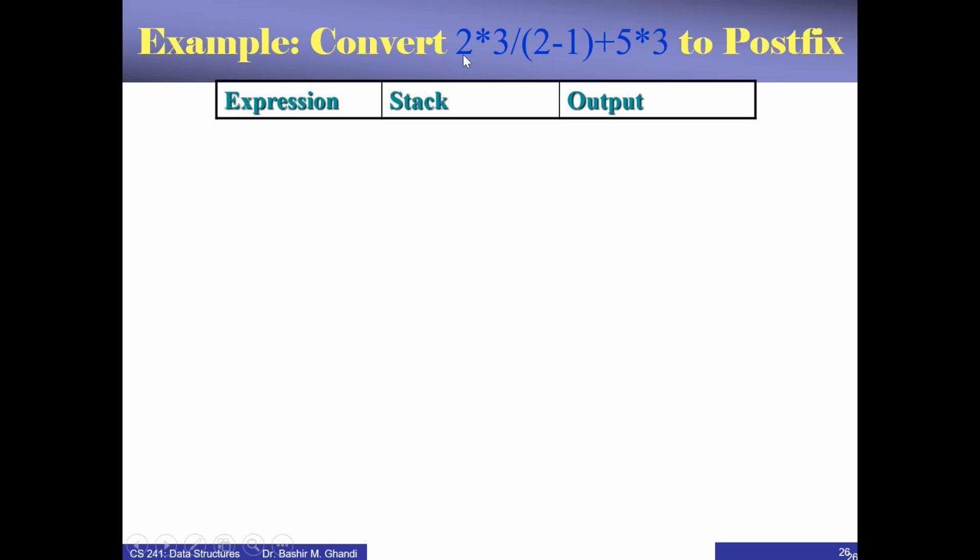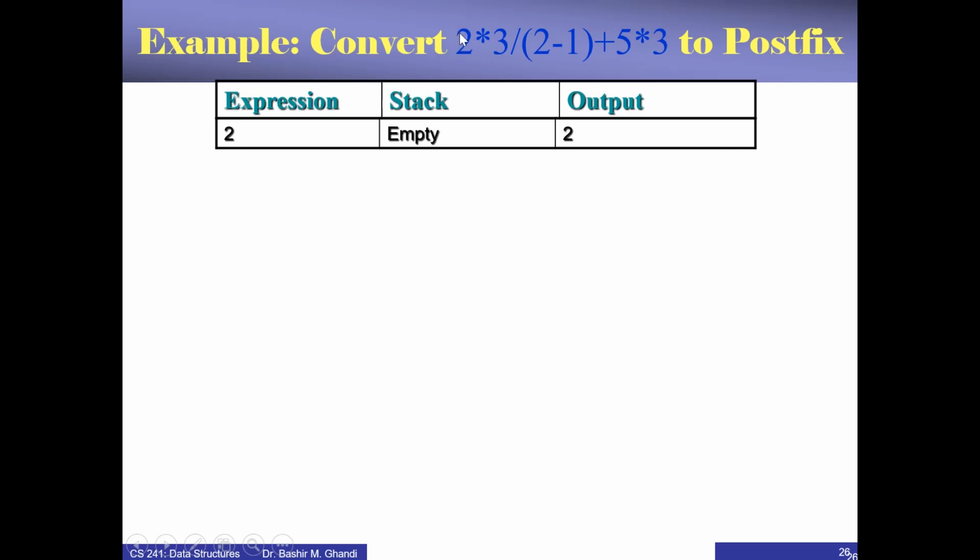We're going to solve this infix expression, try to convert it into postfix. We're going to take the characters one by one. Here we will be showing you the output, and in this middle column we will see the content of the stack. This first column will contain the next character that we read.